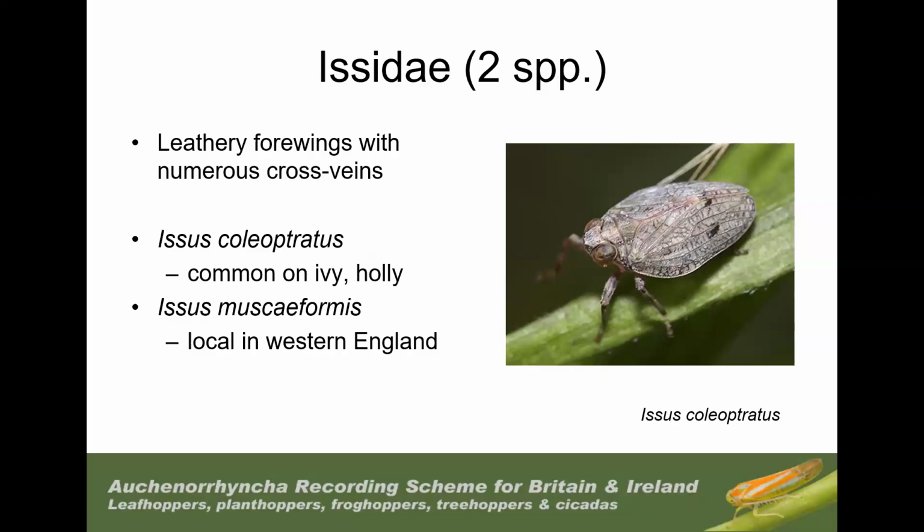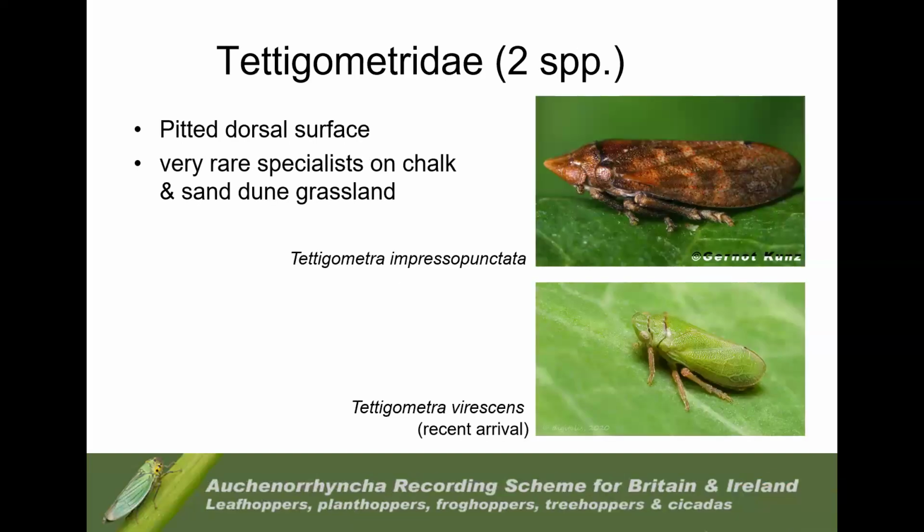But the other species in the genus, Issus muscaeformis, is very, very local. Found only down the western seaboard of England and Wales. So an interesting pair of species there, one very common, one very rare. Tettigometra is an interesting family.